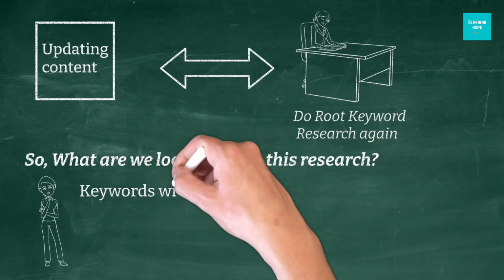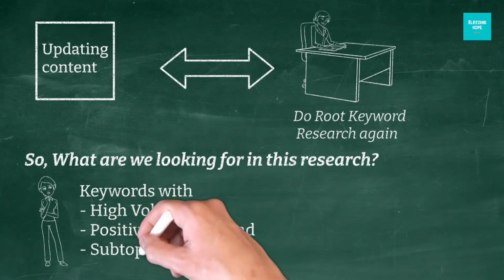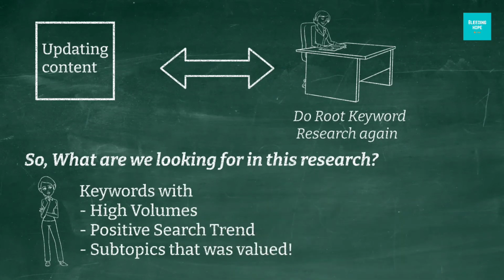So prioritize keywords with high volume, okay, and then prioritize keywords with positive search trends. Search trends is something, a small graph that you might be able to see in the keyword research tool. And then update the content in the subtopics where we hope to rank but we have failed.